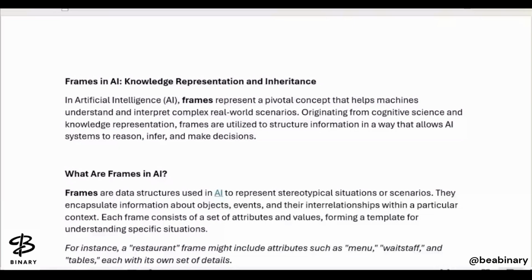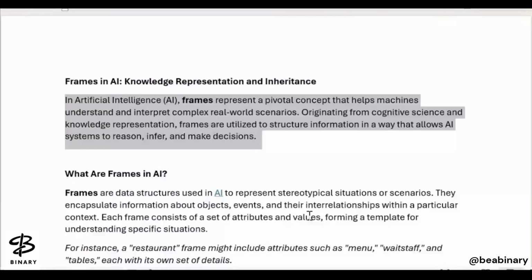Now, what are the frames in artificial intelligence or in knowledge representation, and the inheritance? In artificial intelligence, we have talked about frames and the basics of knowledge representation. Frames represent the pivotal concepts that help the machine to understand and interpret complex real-world scenarios.